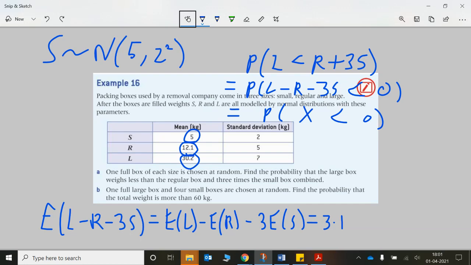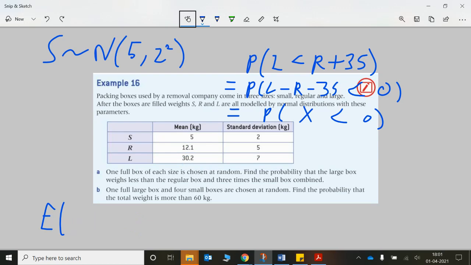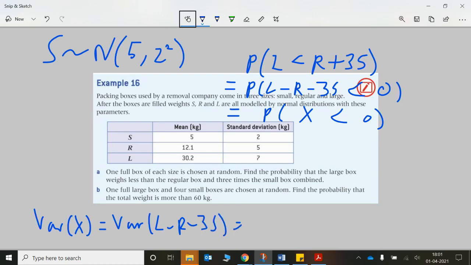Okay, and now we've got the variance here as well. So let's take that back. I've run out of room. So we've got the variance of X. What are we talking about here? We're talking about the variance of L minus R minus 3S. So again, we're going to need to use the formula for this one. So that's the variance of L plus, or if you like, plus minus 1 squared, which is obviously just 1.